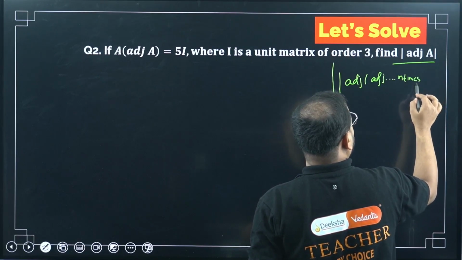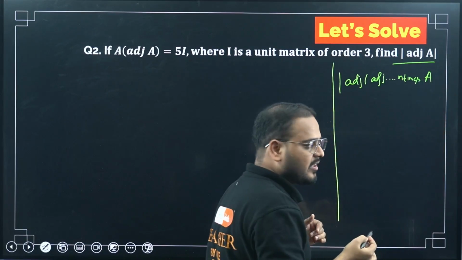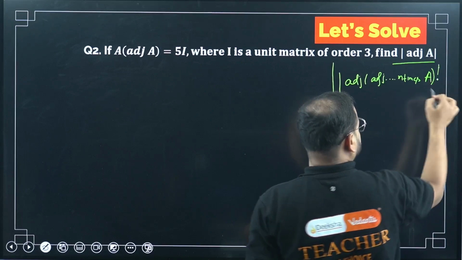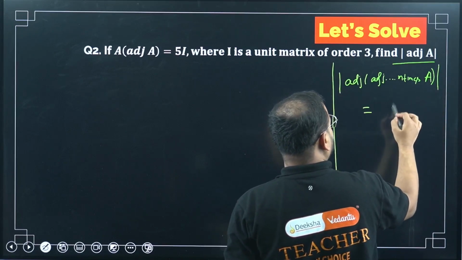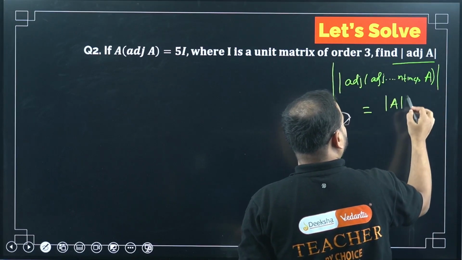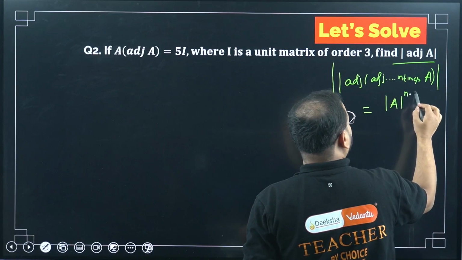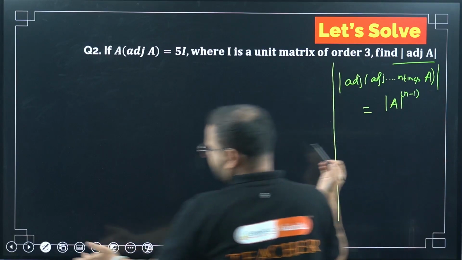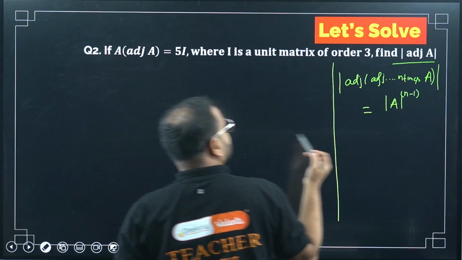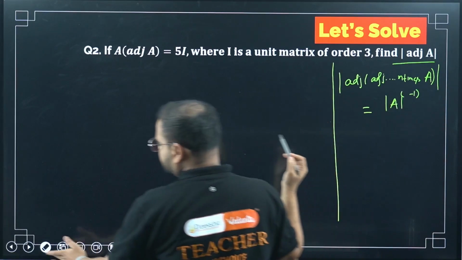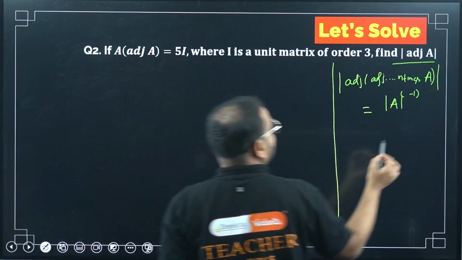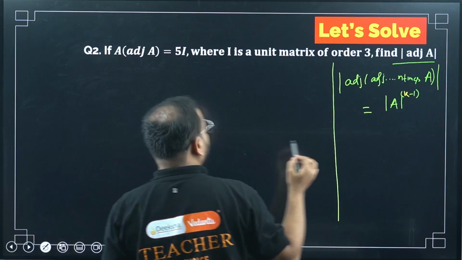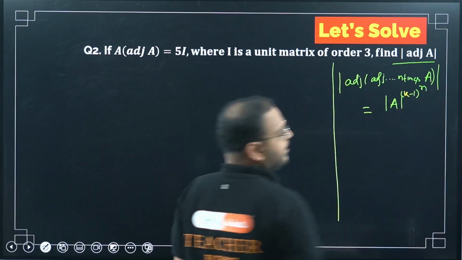Of what? For the matrix A it is given by determinant of A to the power (k minus 1) to the power n.